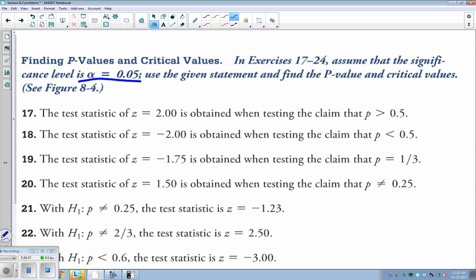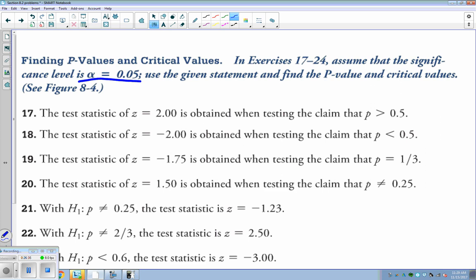Okay, so the test in 17: the test statistic of z equal to 2.00 is obtained when testing the claim that p is greater than 0.5. So we want to know a lot of things about this.